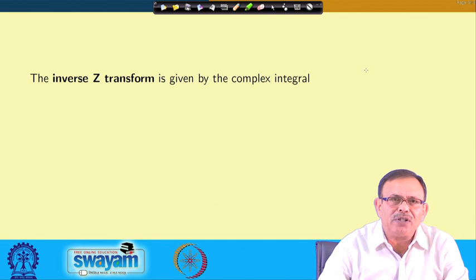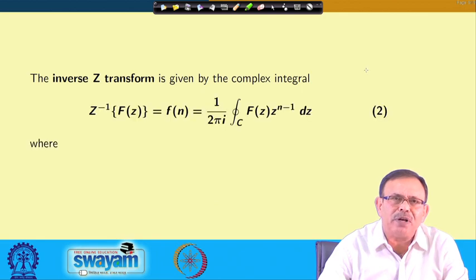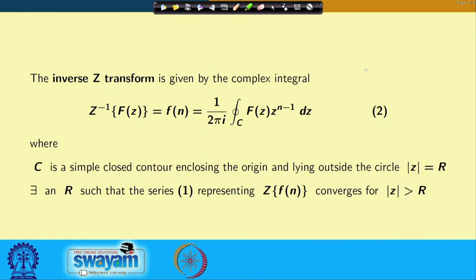Therefore, the inverse Z transform is given by the complex integral: Z inverse of F z equals f n, which equals 1 by 2 pi i, integral over c of F z z to the power n minus 1, where c is a simple closed contour enclosing the origin and lying outside the circle modulus of z equals r.